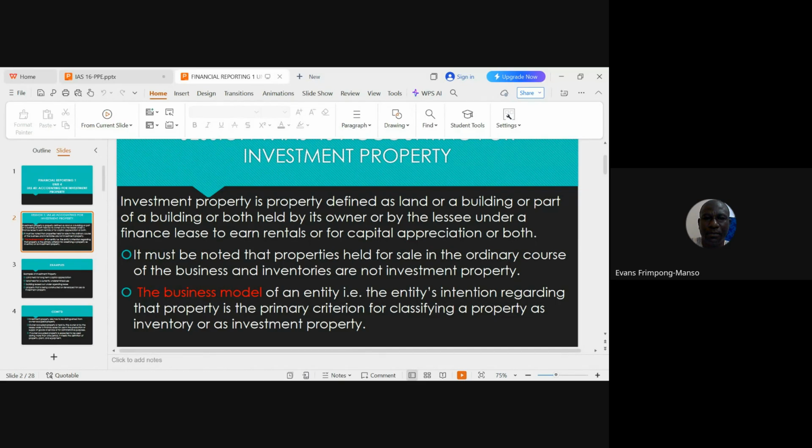So if your intention is to hold it for the value to appreciate, then it is investment property. If your intention is to buy and sell, that is a normal business. So that one cannot be classified as an investment property. So you have to note that one also.